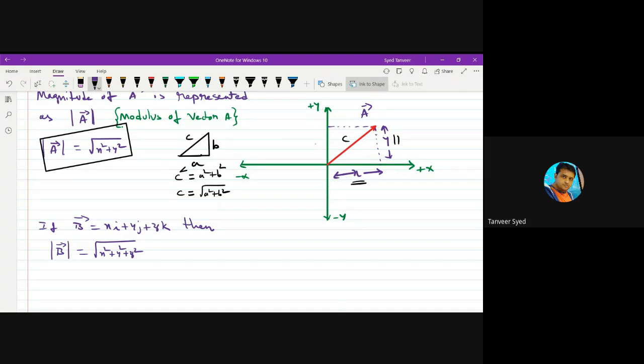In three dimensions you get the same thing. Sir, that means we have to square the magnitudes in each direction and add them. Okay, sir.